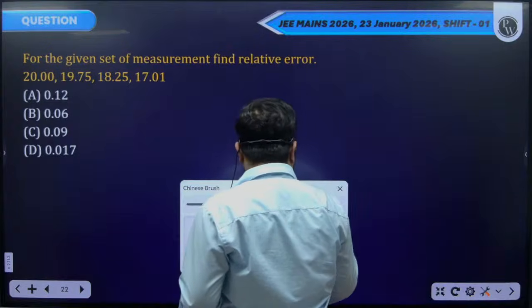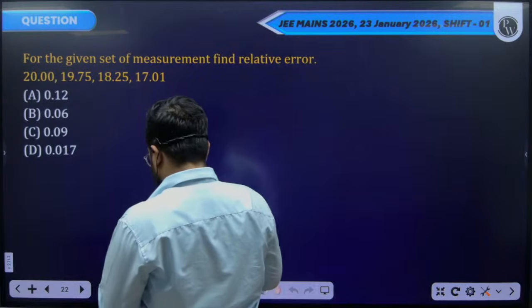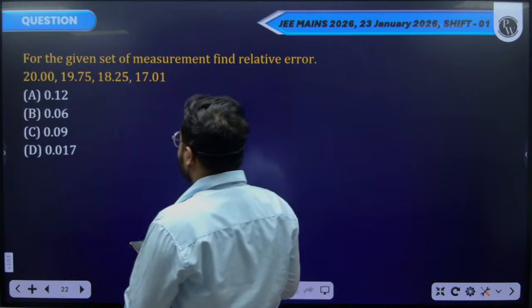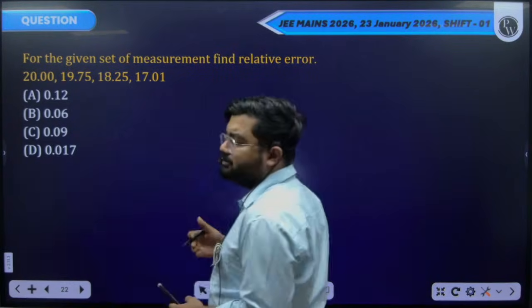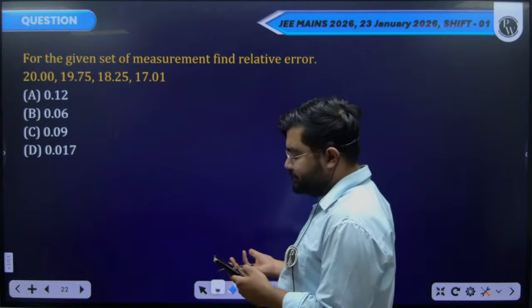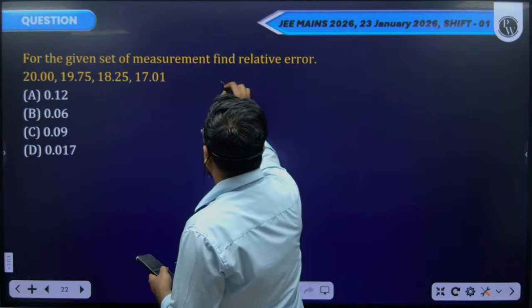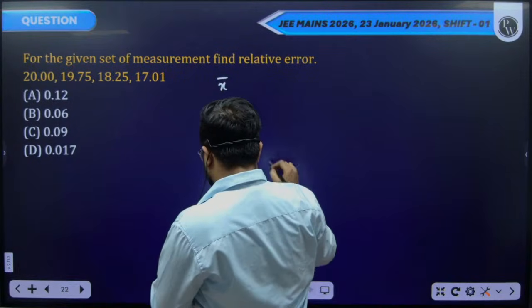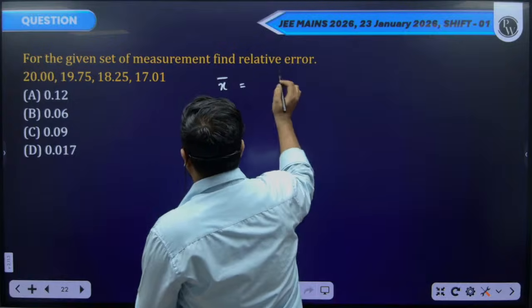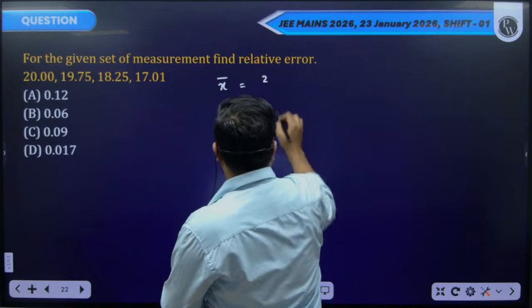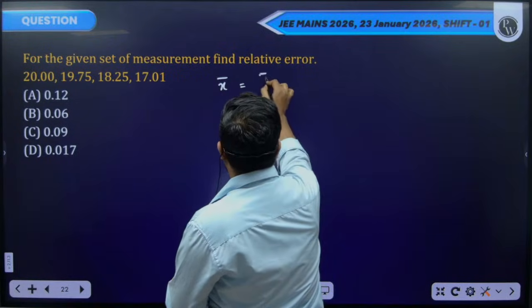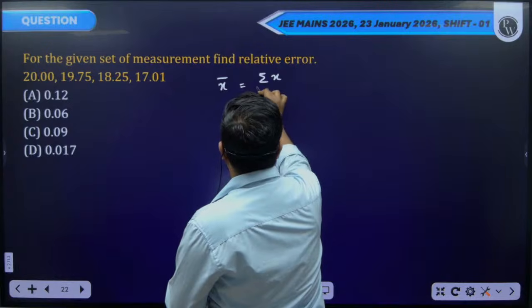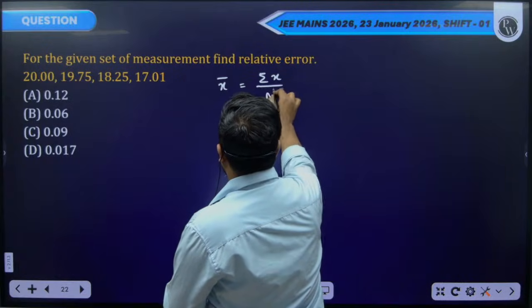This question is trying to get us to calculate a lot of things. So the process of getting the relative error is the same. First you find the true value. How do you get that? You just add all the values and divide by the number of values.